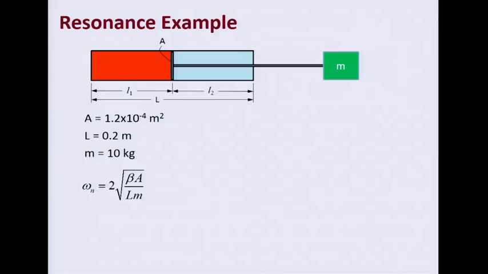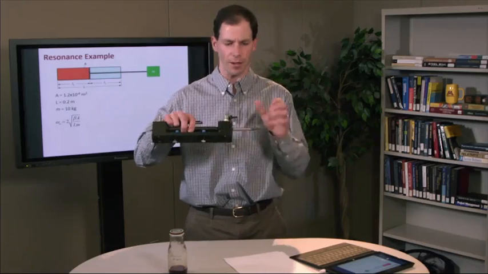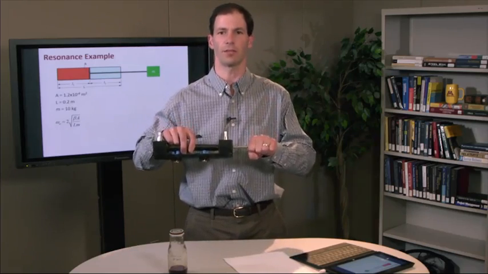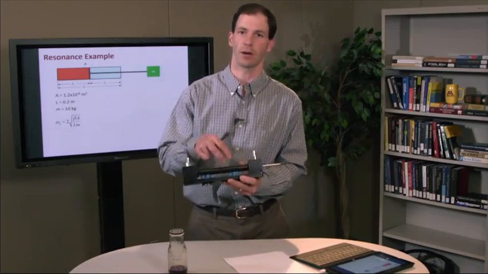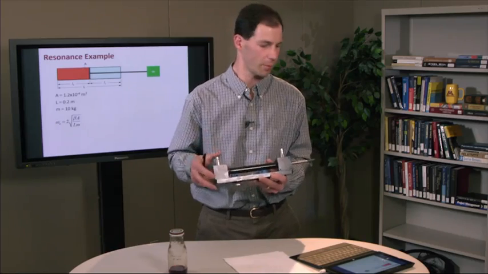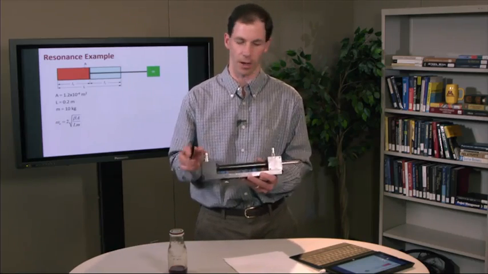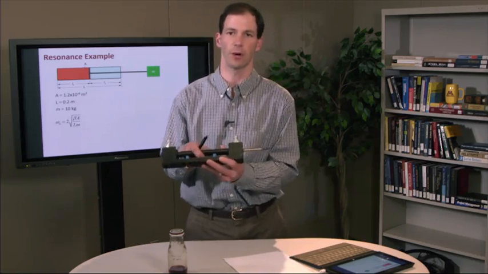So let's now do an example calculation for this hydraulic cylinder here. Let me say I'm going to add a chunk of mass onto the end of this, 10 kilograms, say, and I've measured the cross-sectional area of it, 1.2 times 10 to the minus 4th meters squared, and the length of the stroke here is 20 centimeters.